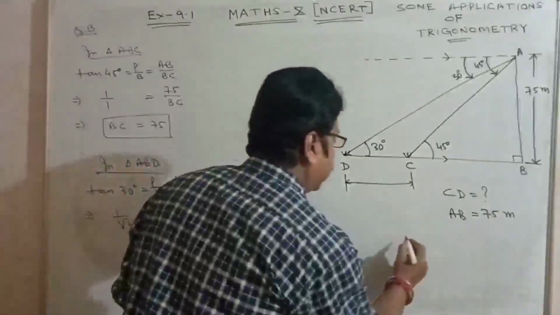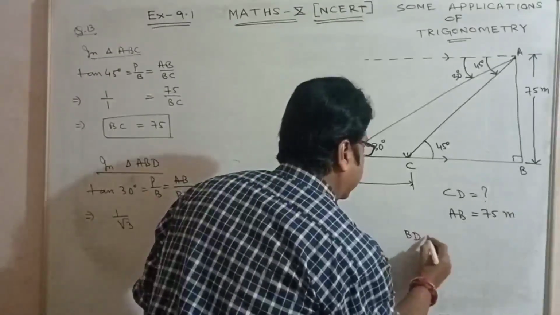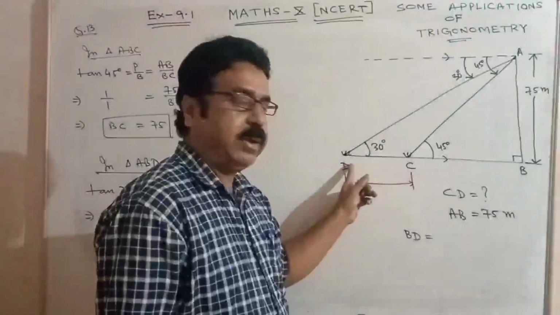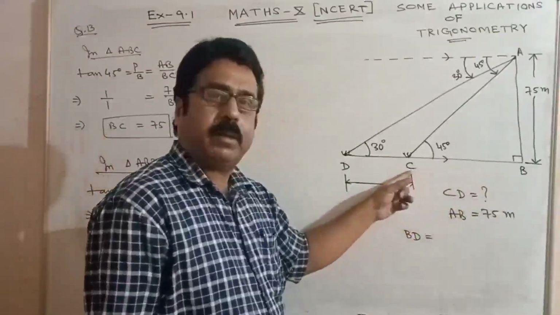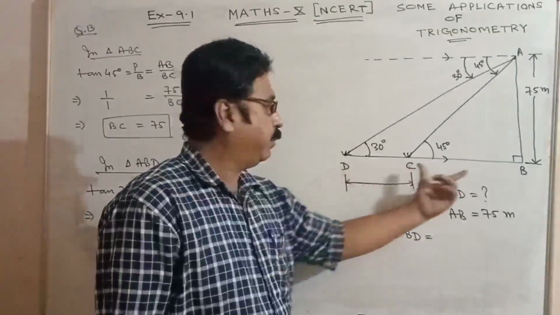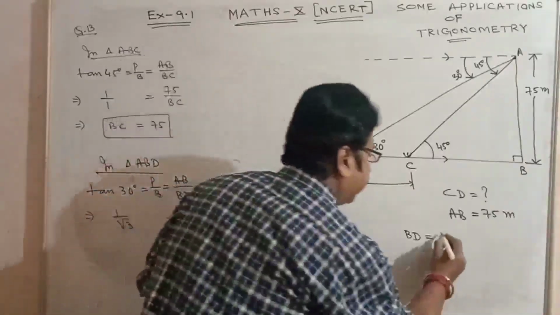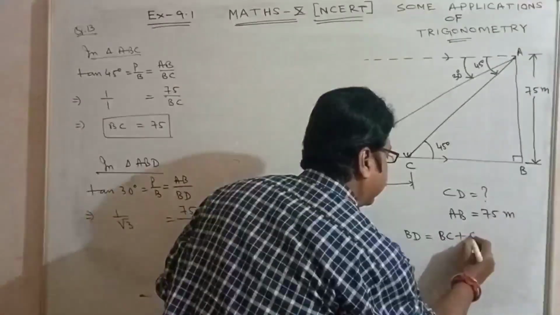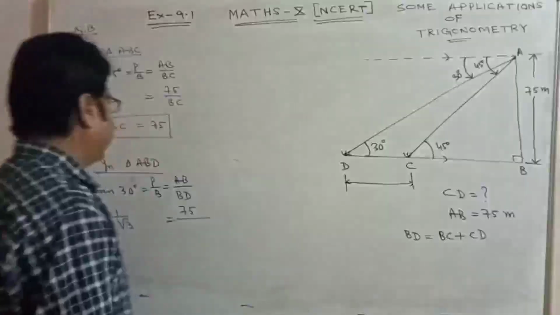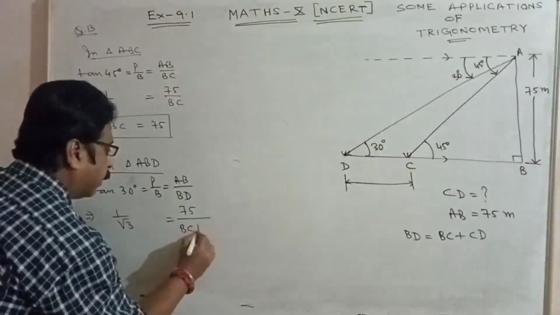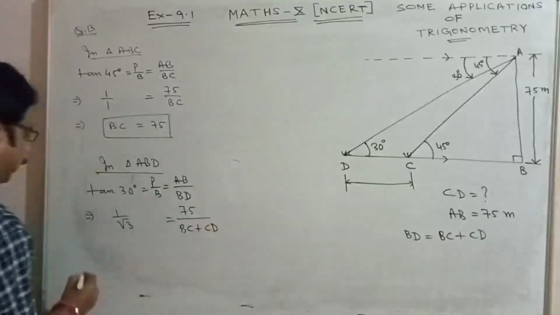BD means BC plus CD. BC plus CD is BD. So in place of BD, we can write BC plus CD.